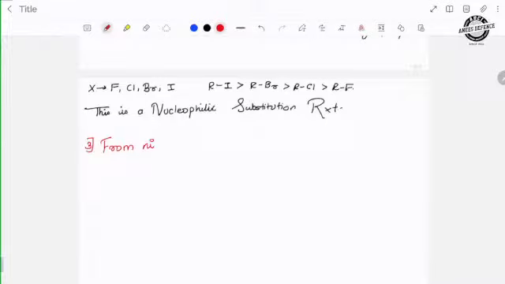From NC, no? Yes, nitriles. Again, nitriles we have to just reduce, so by reduction method.